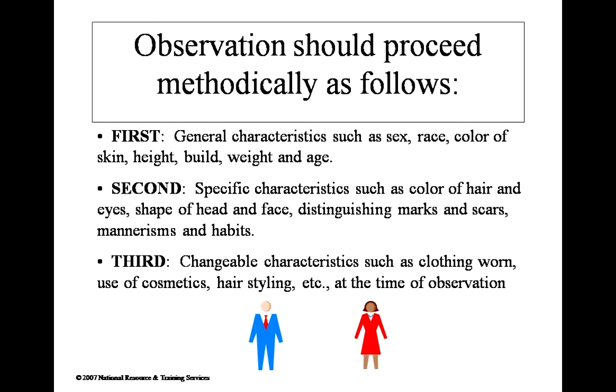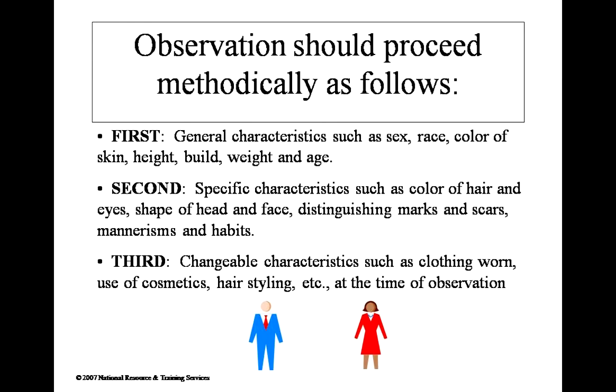Observation should proceed methodically as follows. First, general characteristics such as sex, race, color of skin, height, build, weight, and age. Second, specific characteristics such as color of hair, eyes, shape of head and face, distinguishing marks and scars, mannerisms, and habits.